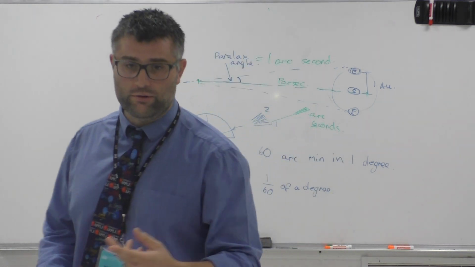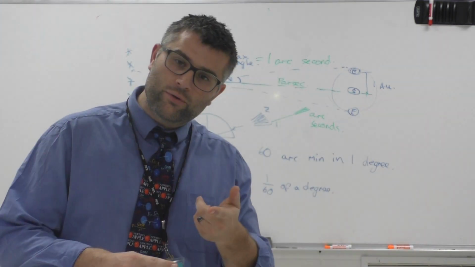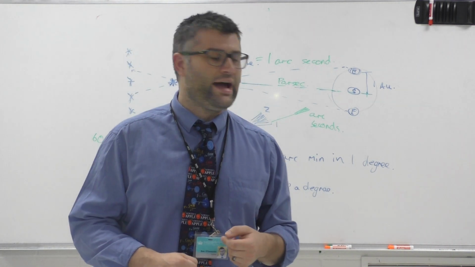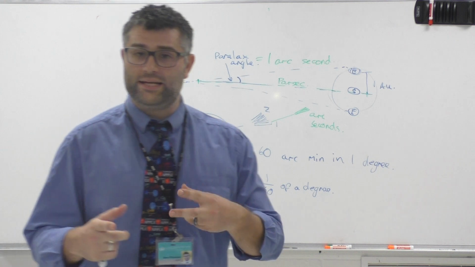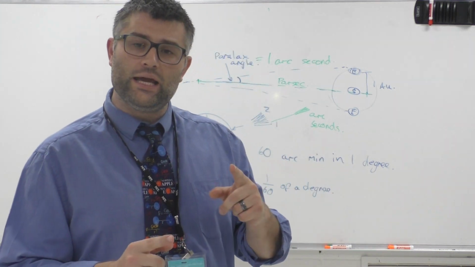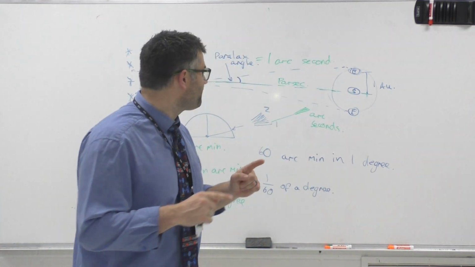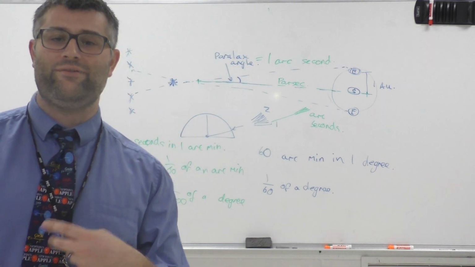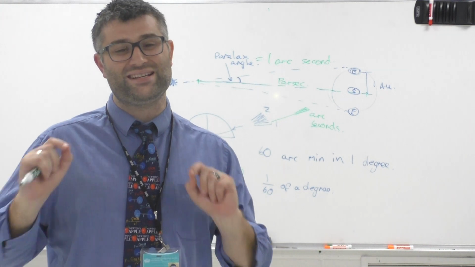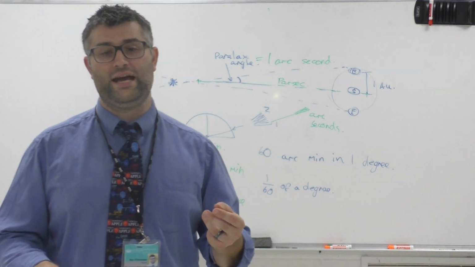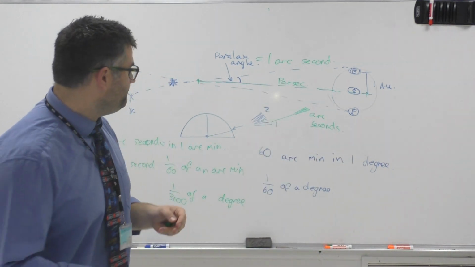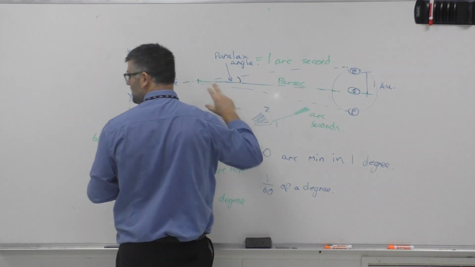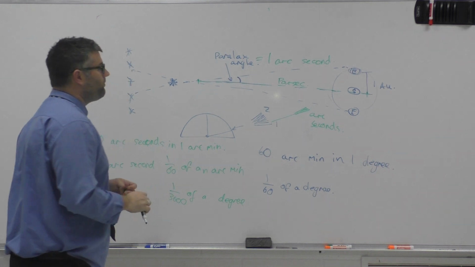So we have another unit. So we've introduced the astronomical unit, which is based on the distance from us to the sun. We have the light year, which is based on the distance that light travels in a year. And we have now the parsec, which when we use the parallax method, if we have an arc second as our parallax angle, that means that object is 1 parsec away. And we can use this as a nice handy little method to help us out.